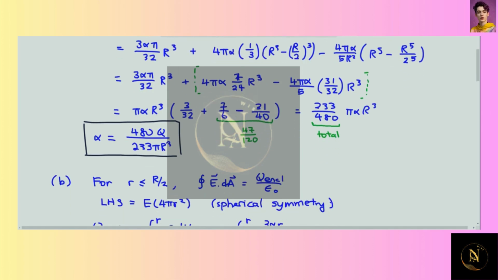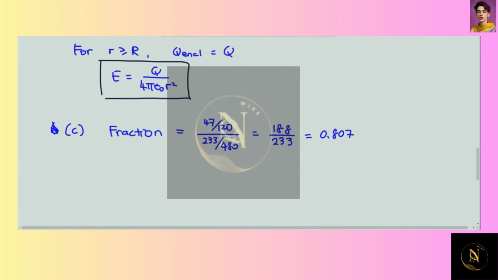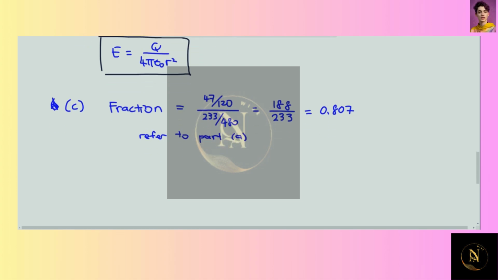Yeah, so that's how the numbers are obtained. So this refers to part A. So the answer for part C is 0.807.